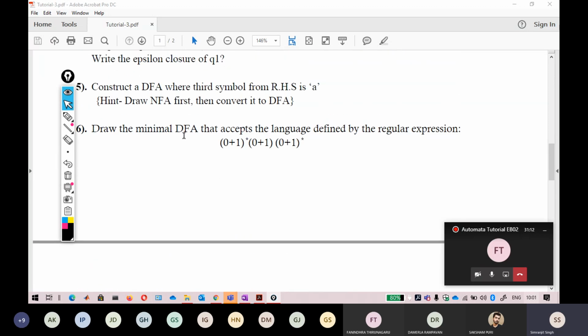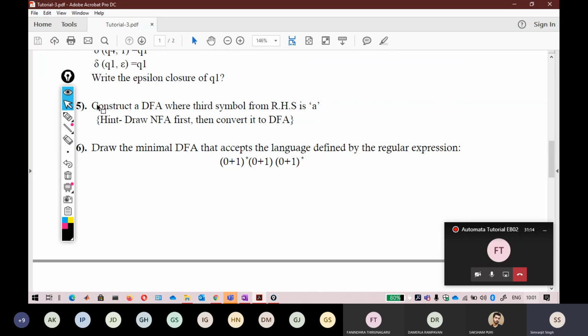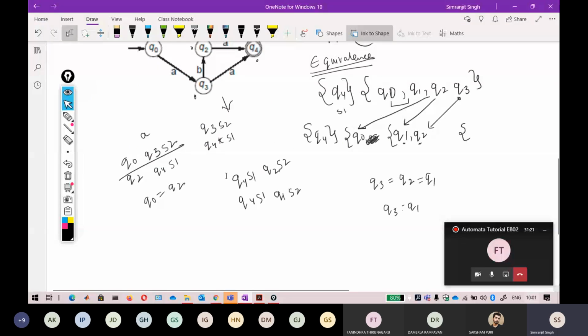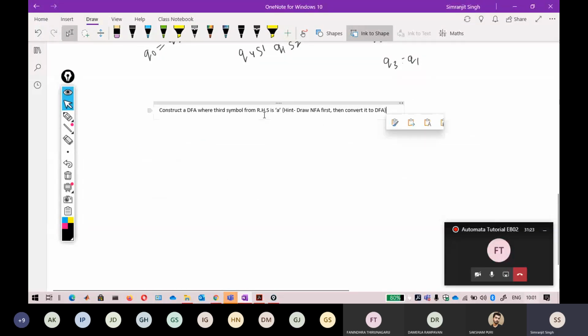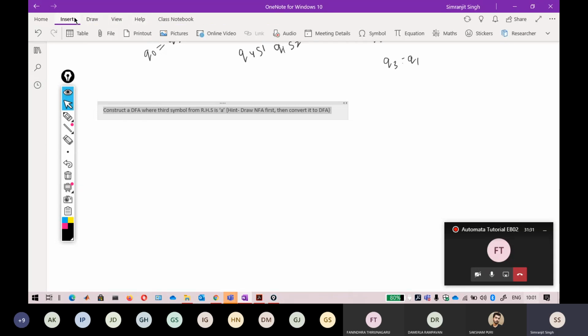Solve this question, and you will find that the resulting DFA is a very difficult one. You will not be able to design that DFA in the first go.